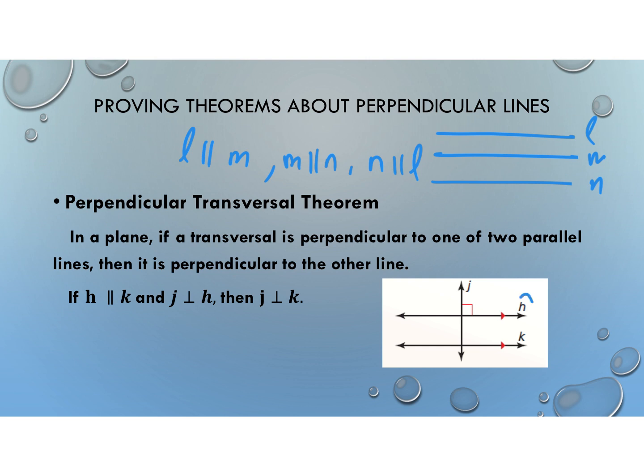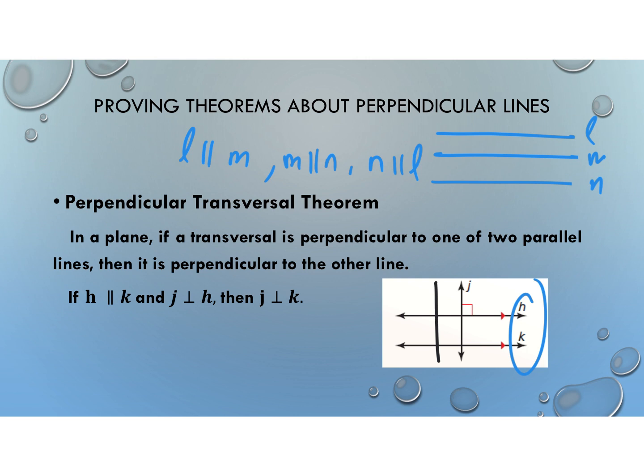So with these two, in this case H and K, which is what they gave us as the example, are parallel, and we have one singular line cutting through one, then it will also be perpendicular to the other. The key part is the two lines must be parallel, and they have to tell you that one of the angles is perpendicular.